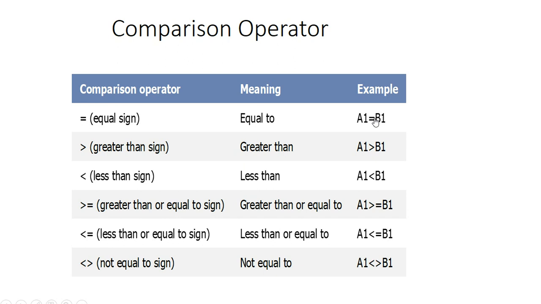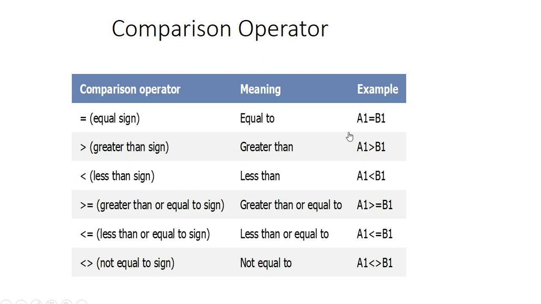That is checking if the value in A1 is equal to the value in B1. So we have the left side and the right side. It's checking if these two values are equal. If they are equal, it returns true.